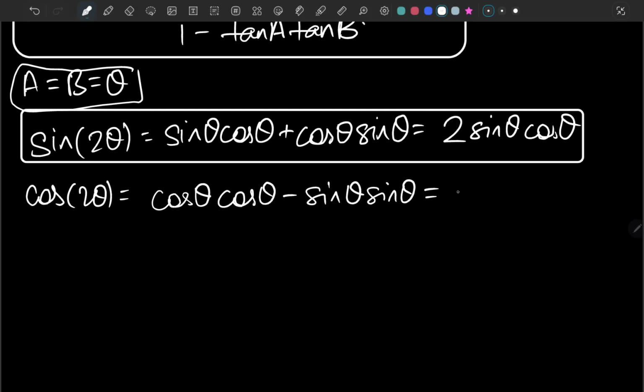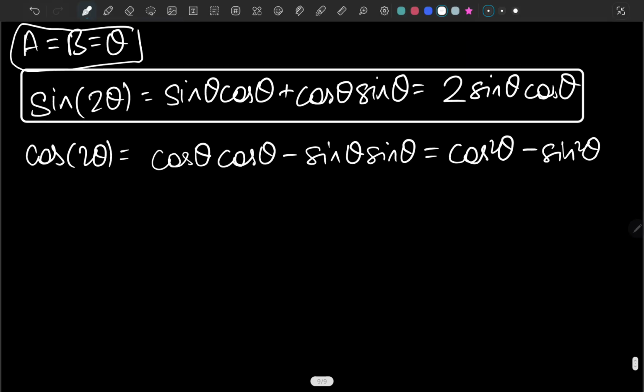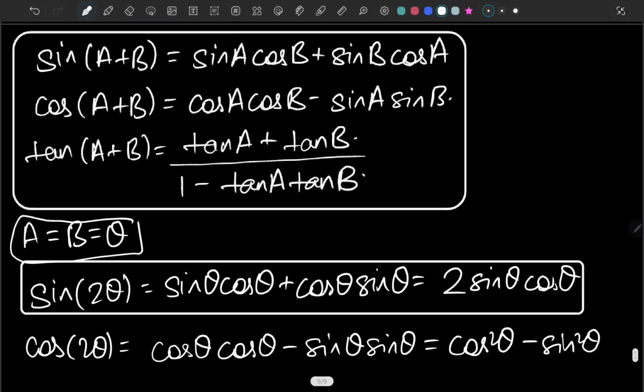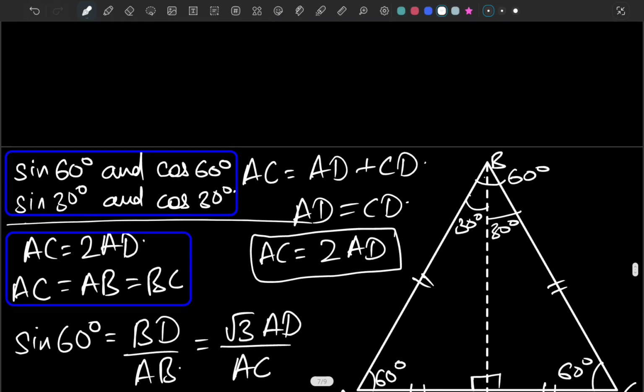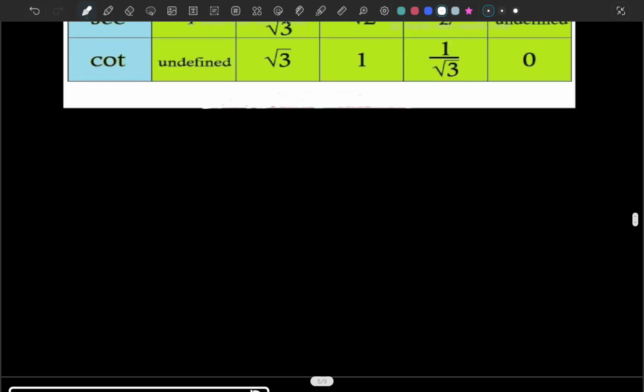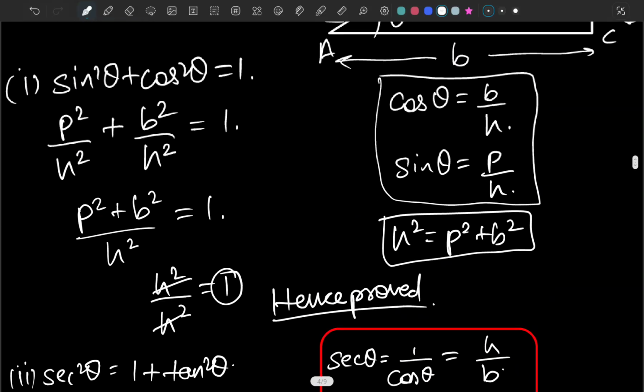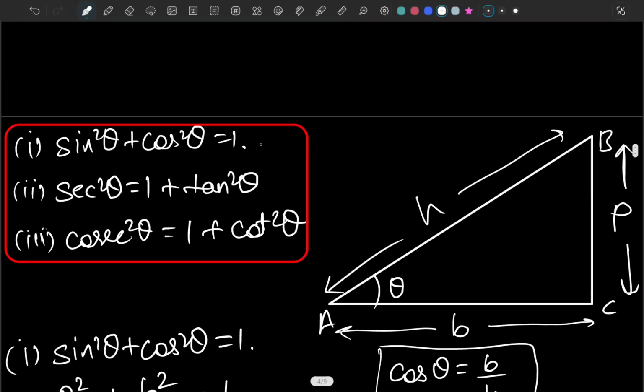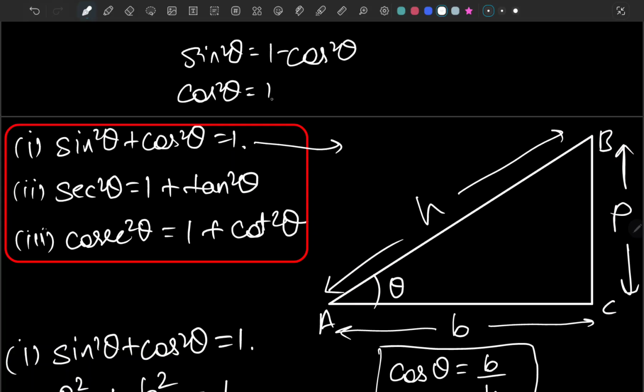So that's gonna be cosine squared theta minus sine squared theta. So that was the first one, and we know that we have proven here, let me just go through that. So we have proven that sine squared theta is 1 minus cosine squared theta, and cosine squared theta equals 1 minus sine squared theta as well.